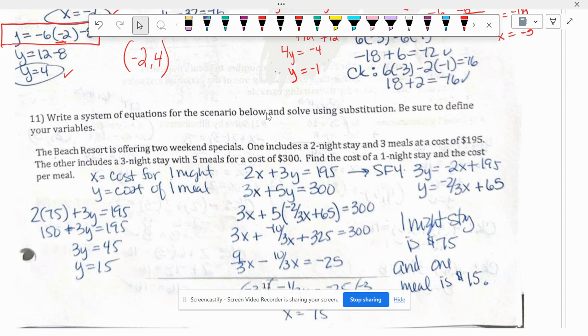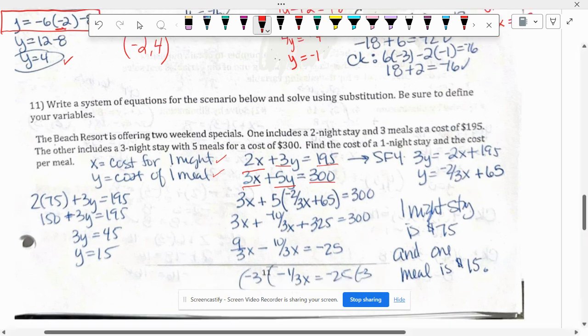The second one includes a 3-night stay with 5 meals for a cost of $300. It says find the cost of 1 night and the cost of 1 meal. I let x equal the cost for the night and y the cost for the meal. So for a 2-night stay with 3 meals, I pay $195. For a 3-night stay with 5 meals, I pay $300.